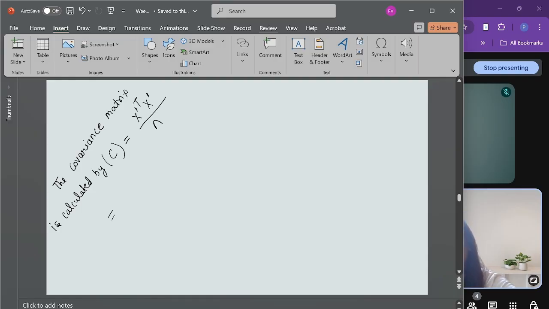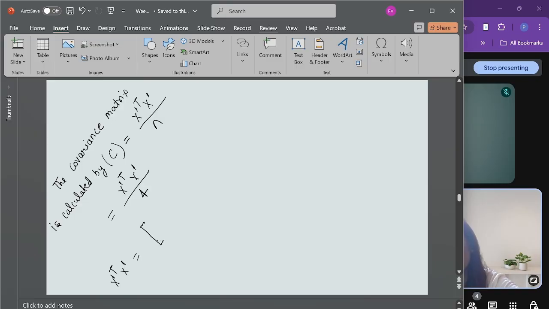Here x dash is the deviation matrix, already we know that. So it is x dash transpose x dash, and the number of samples is 4, so divided by 4. First we need to calculate x dash transpose and x dash, right? x dash we have already calculated in the previous slide.